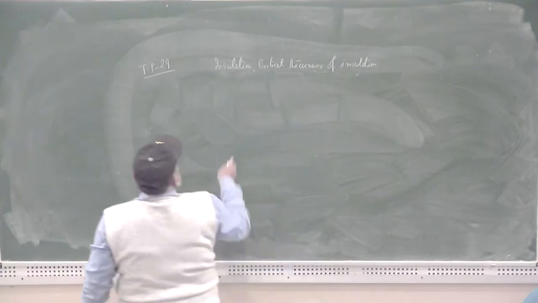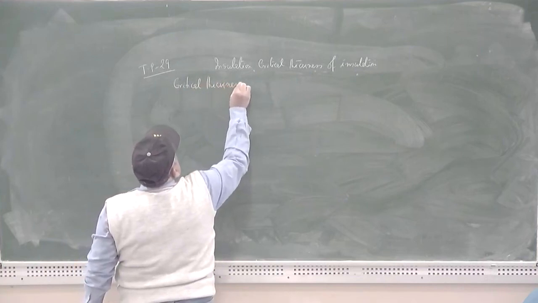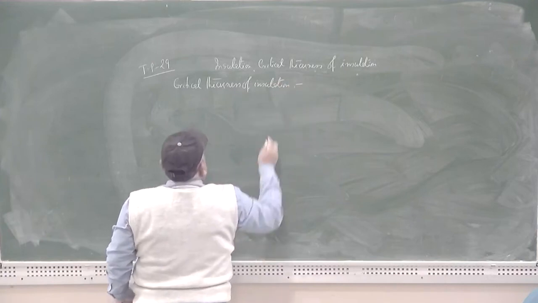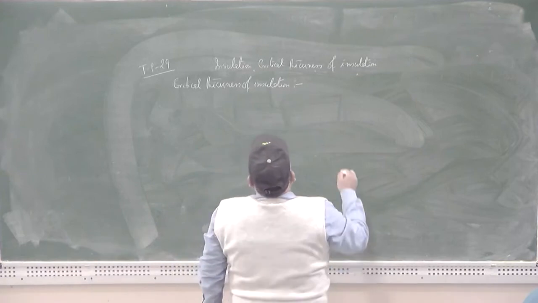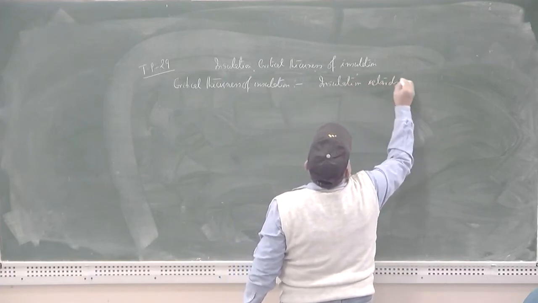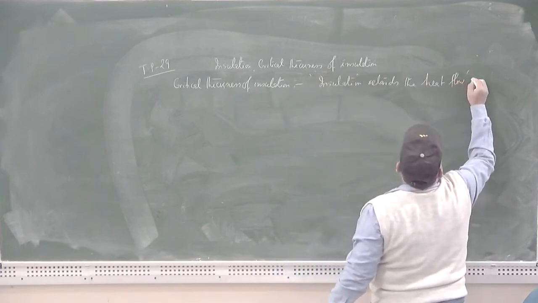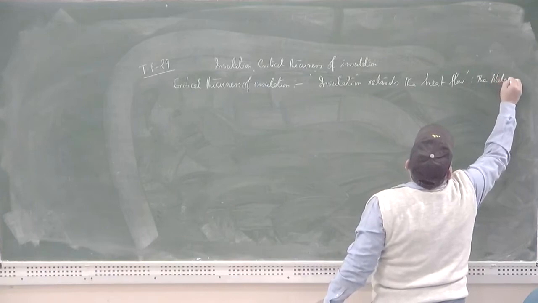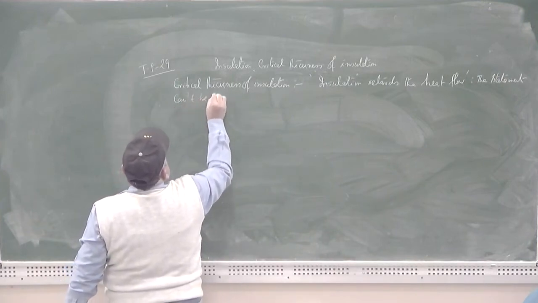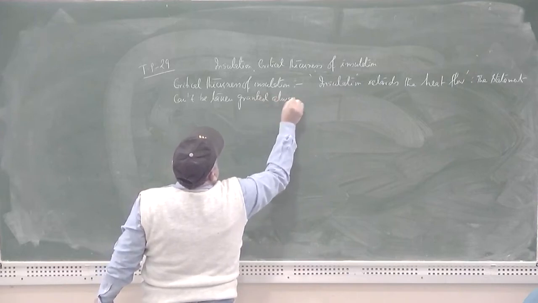Now, insulation retards the heat flow, but the statement cannot be taken for granted always. Why is it so?